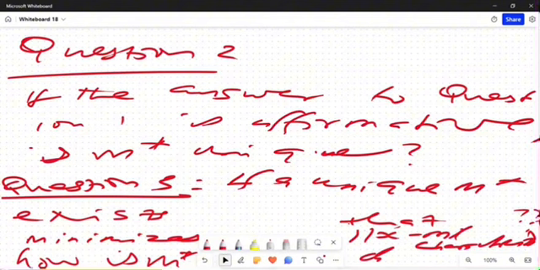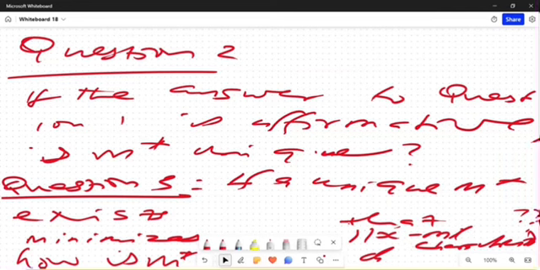Remember question 1: we are in an inner product space, M is a subspace of it, and we pick a vector X from E and an M star from M, looking at the minimum norm of X minus M. Number 1: is there actually a vector M star which minimizes the norm of X minus M over all M in M?